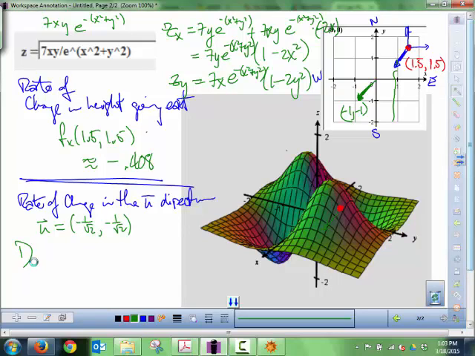So the directional derivative of the function in the direction of u at 1.5 comma 1.5 is equal to the gradient of the function evaluated at 1.5 comma 1.5 dotted with the u vector that we just found.